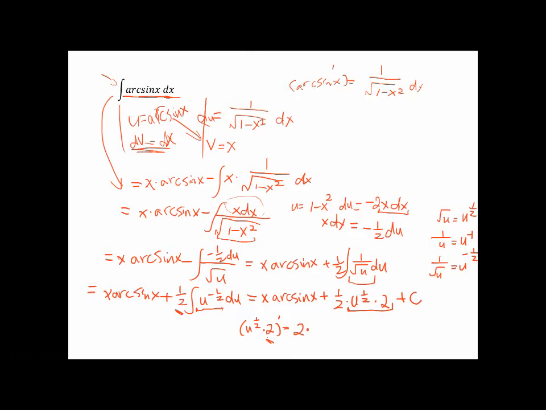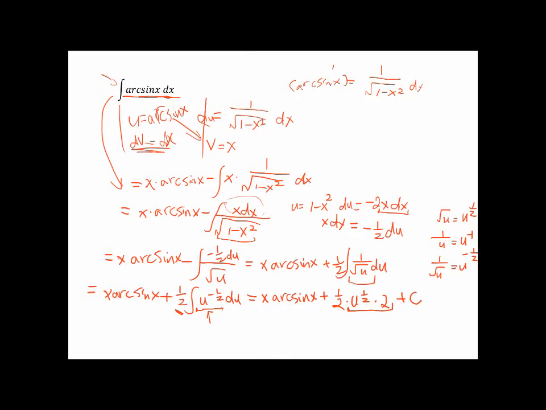I put a constant here, multiply 1/2 u, the power is 1/2 minus 1, negative 1/2. So I already multiplied the power here. This 2 can be cancelled out, which is u to the negative 1/2, right? So I come back, which means it's right.